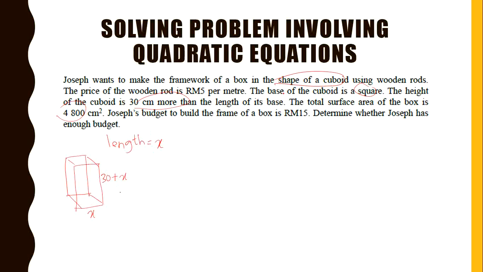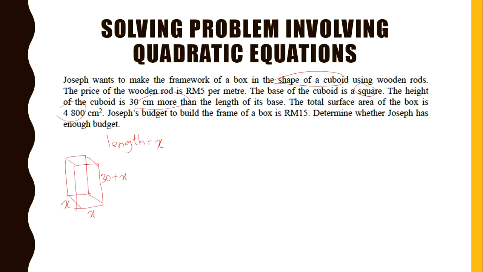But dia dah kata base dia is square kan. So bila kat sini x, dia punya width will be x jugalah. So kita kena kira berapa meter wooden rod yang diperlukan sebenarnya, sebab dia ada harga asal RM5 per meter.